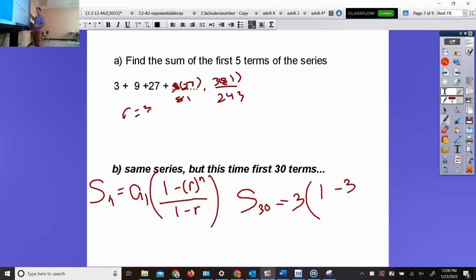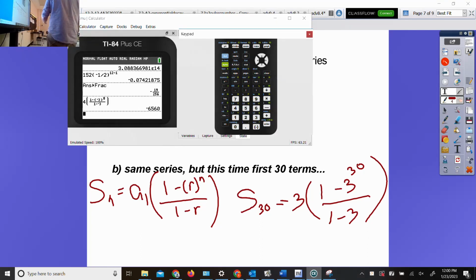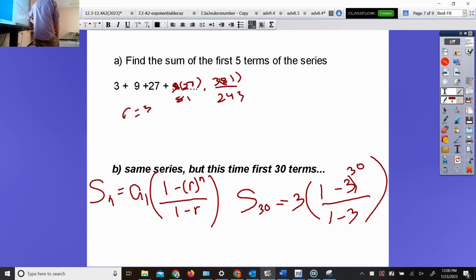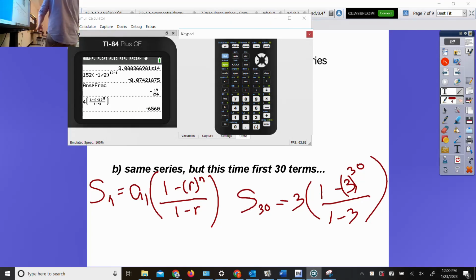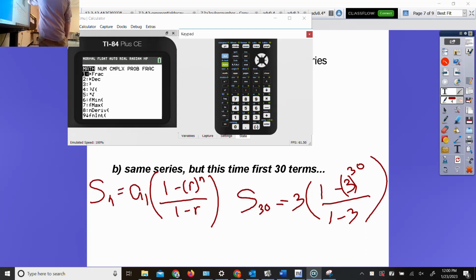What's N going to be? 30 over 1 minus 3. And again, you can put parentheses here if you want. It wouldn't kill you to always wrap that piece. Because I guess if you don't do it, sometimes you forget. And it's 3 parentheses, math, number, up.